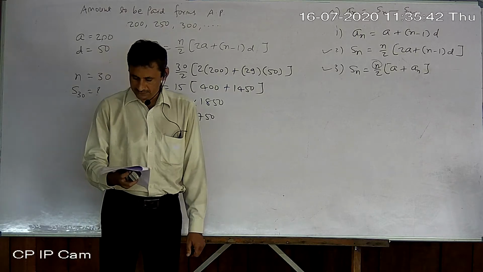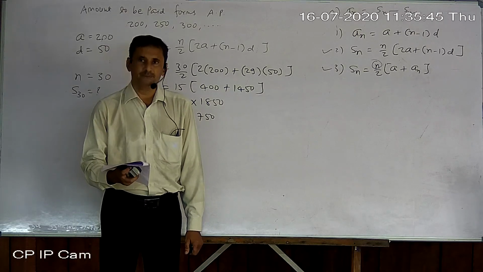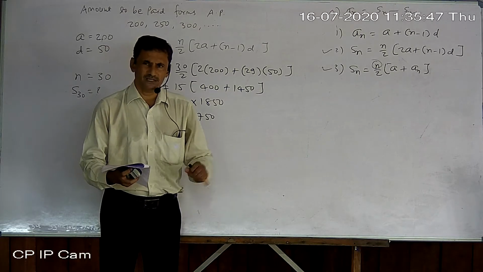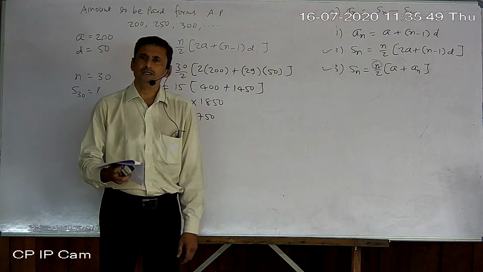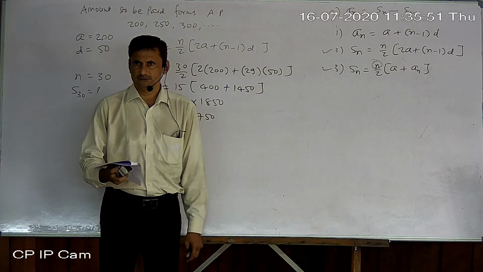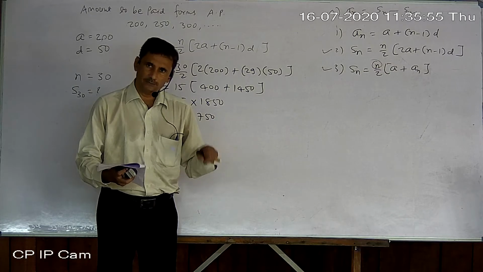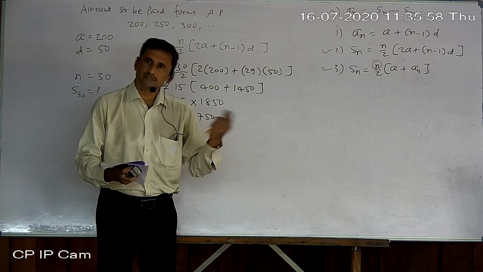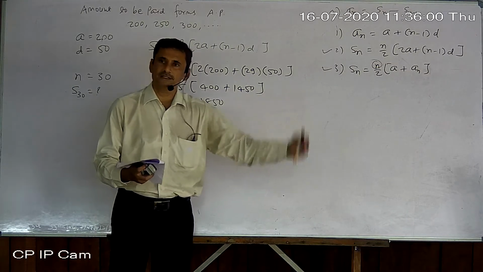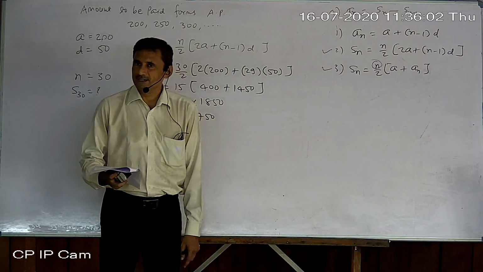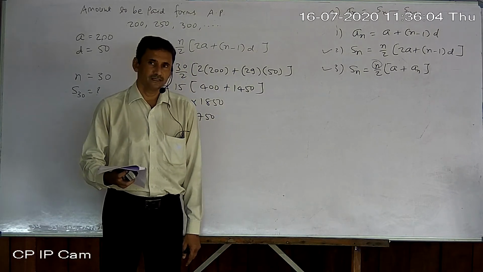If each prize is 20 rupees less than its preceding prize, suppose the first prize is X, then the second will be X minus 20. So the second prize will be 20 less than the first prize, and the third prize will be 20 less than the second prize. So 20, 20, 20 decreasing, which means the difference will be minus 20.